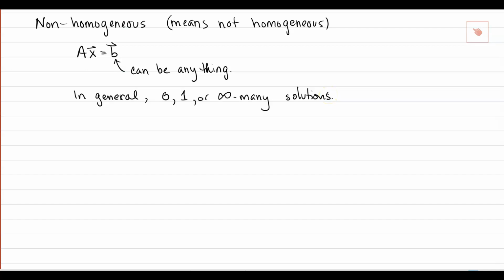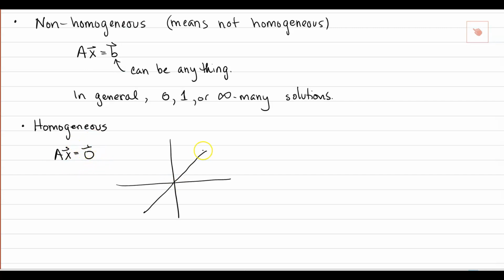In some situations, though, if we know a little bit more about the system of linear equations, we can say something more definitive. In particular, what's interesting for us right now is that if we know something about the homogeneous version of such an equation, then we'll be able to say something about the non-homogeneous version. So let's think about the homogeneous case as a comparison. So if we have AX equals 0, this is a linear system, and its solution set is some set of points that contain at least the origin.